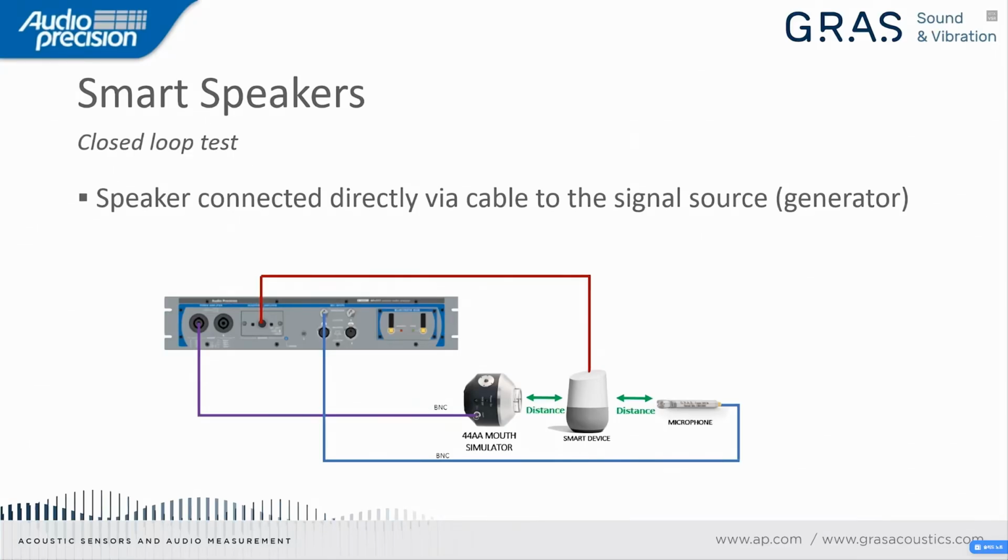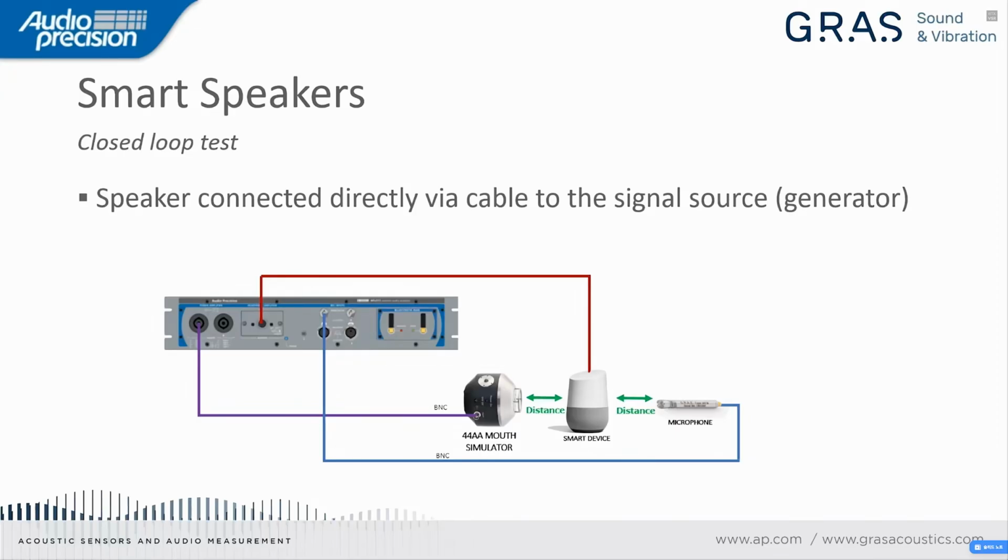We do exactly the same with our mouth simulator, 40 centimeters away from the device under test at a height of 30 centimeters above the device under test. In this way, we can do a full closed loop test of our smart speakers.